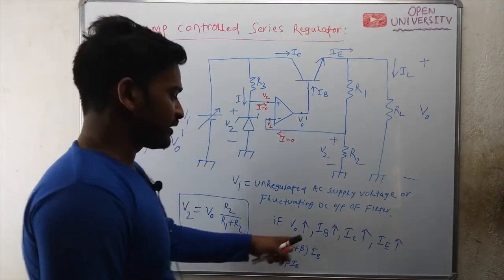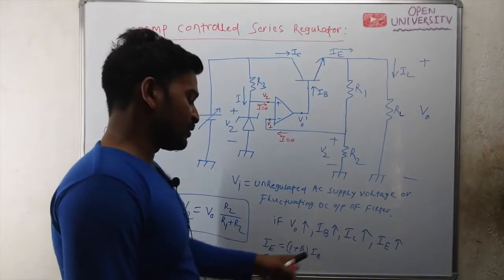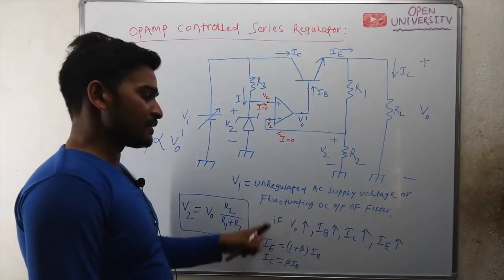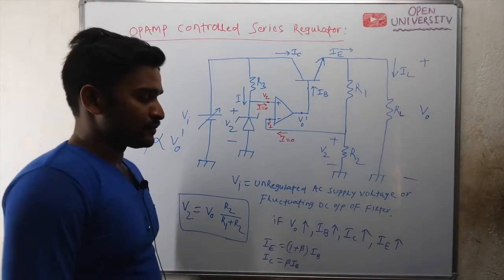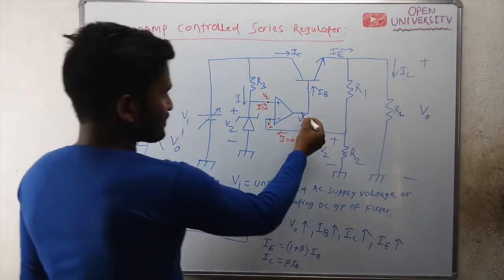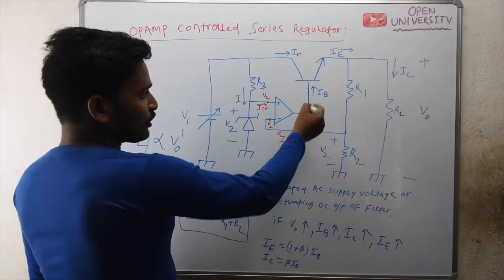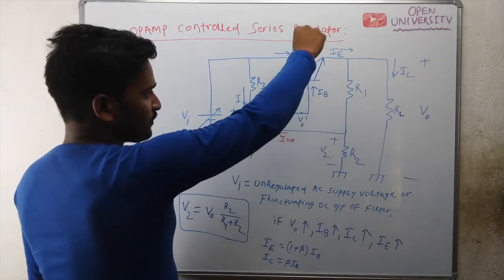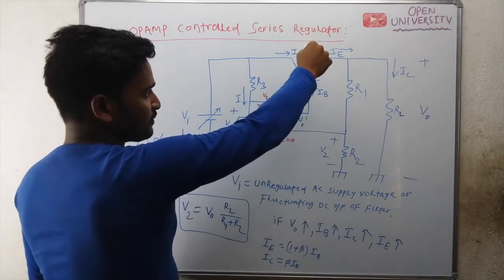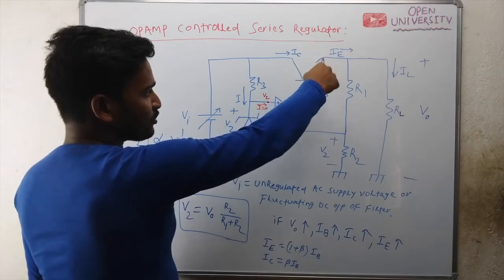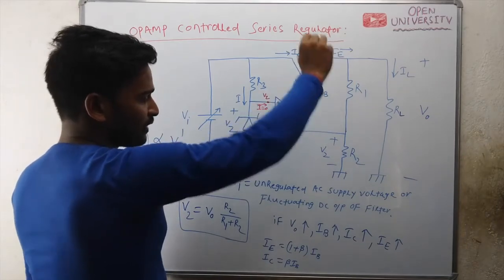So if V0 increases, IB will increase, and then IC and IE will increase. So this V0 dash, the output of the op-amp, will control the conduction of this BJT, that is the IB, IC and IE values.